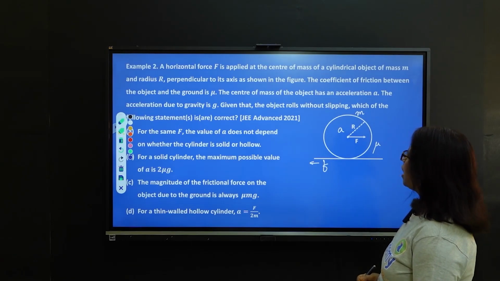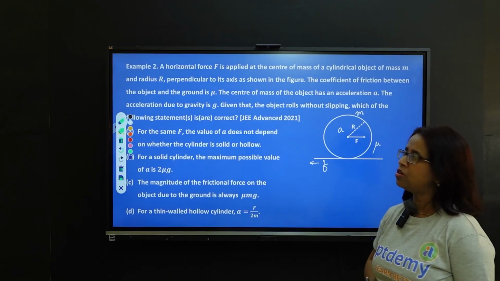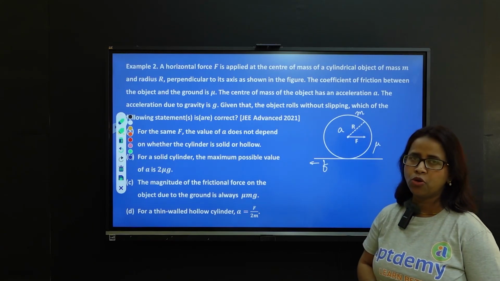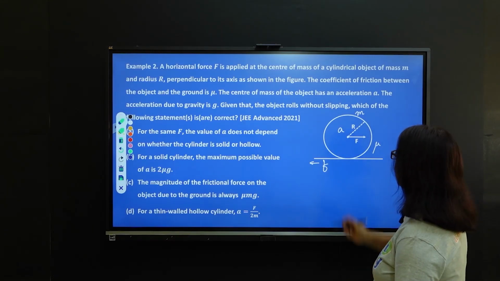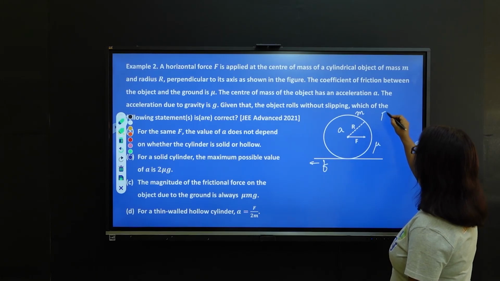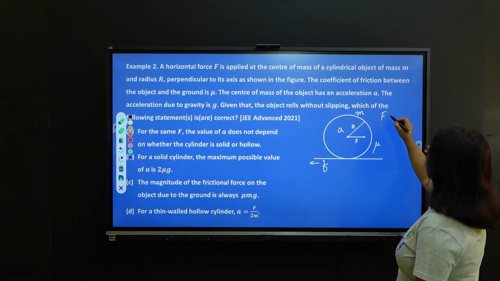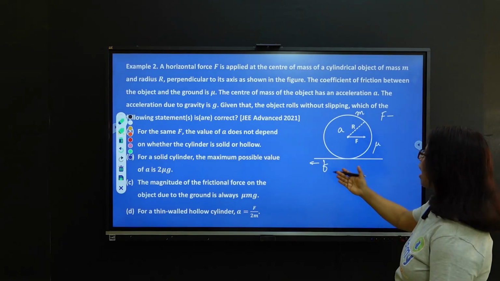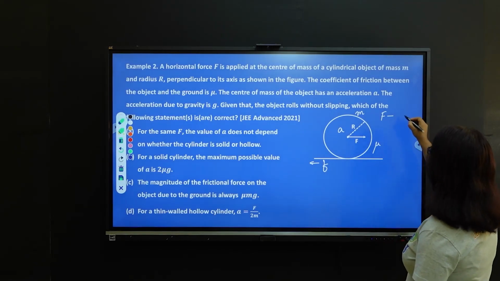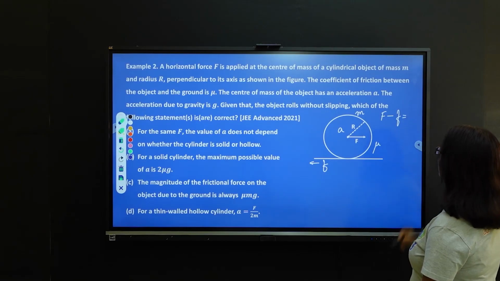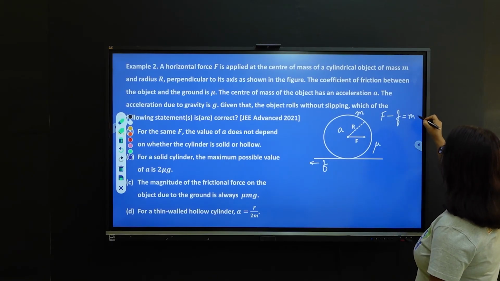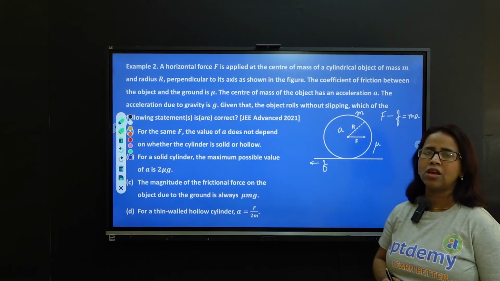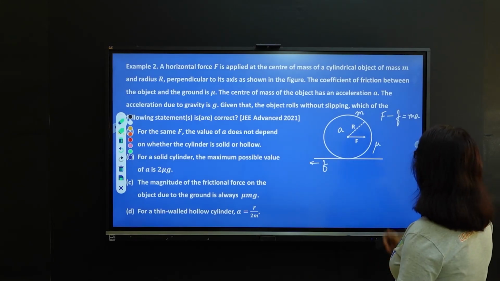Now let us apply Newton's second law of motion and write down the equation of motion for this particular case. F is the force acting, and we have the frictional force getting subtracted as it is in the opposite direction. So F minus little f is equal to m times a. So this is using Newton's second law of motion.